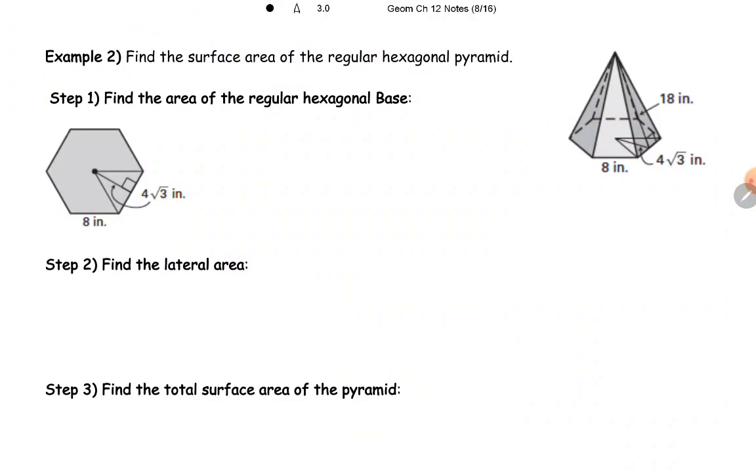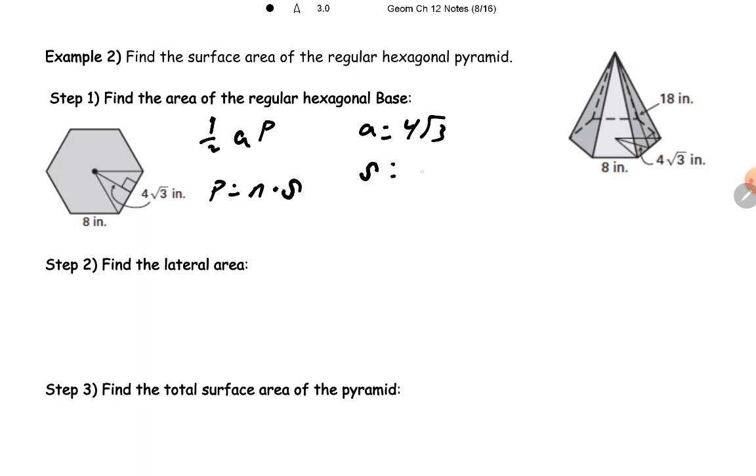Now, what if we have a hexagonal base? So remember, if we have something bigger than a rectangle in terms of number of sides, the area of any polygon is equal to 1/2 AP, where A is the apothem. A is 4 times the square root of 3 in that case. P is the perimeter, which is equal to the number of sides times the side length.